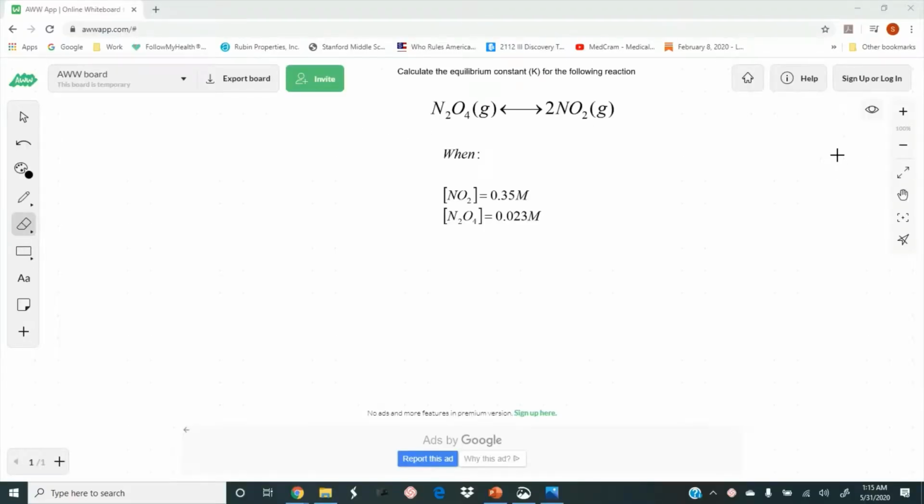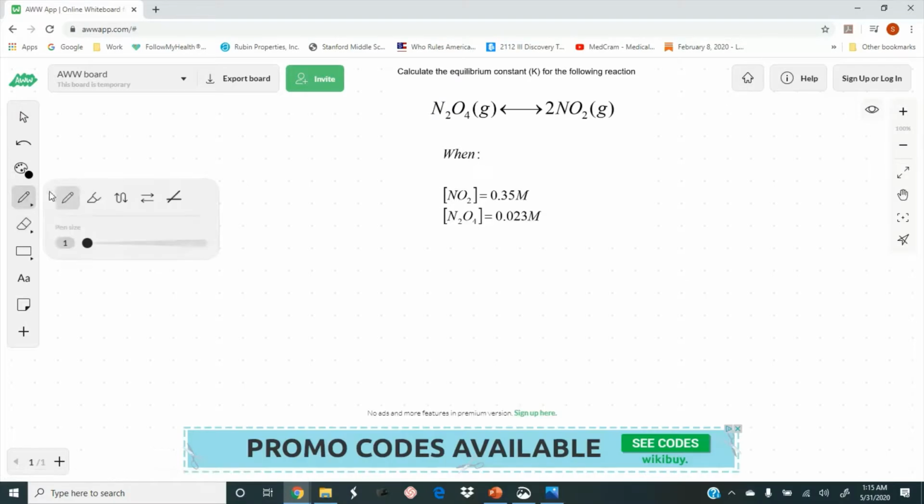Okay, so for this problem right here, it says calculate the equilibrium constant K for the following reaction. You've got N2O4 goes to 2NO2. This is one of the sample problems we did earlier. So let's go ahead and figure out, first off, the equation we'd use. For the equilibrium constant, it's K equals... oops, let me go ahead and click on the pen.